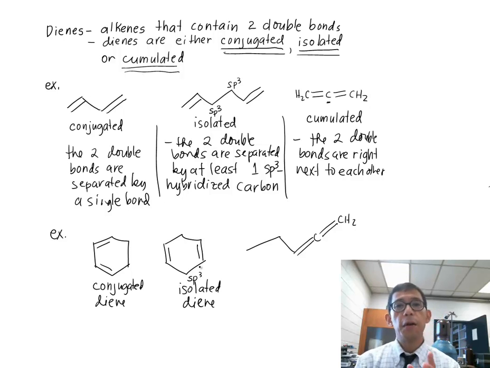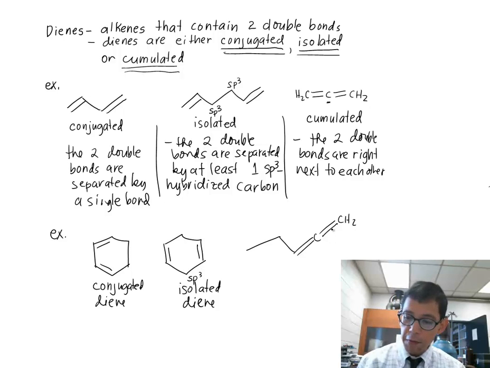So if the two double bonds are separated by at least one sp3 carbon, that will be an isolated diene. And this one, the third example, is an accumulated diene because the two double bonds are right next to each other. Accumulated diene.